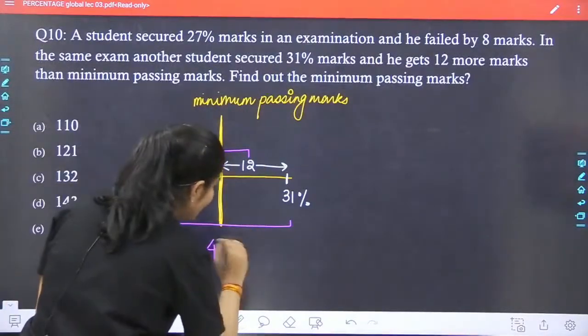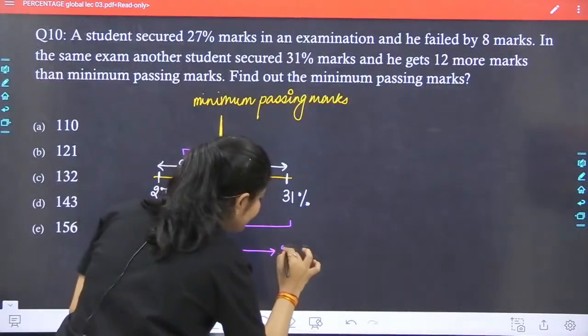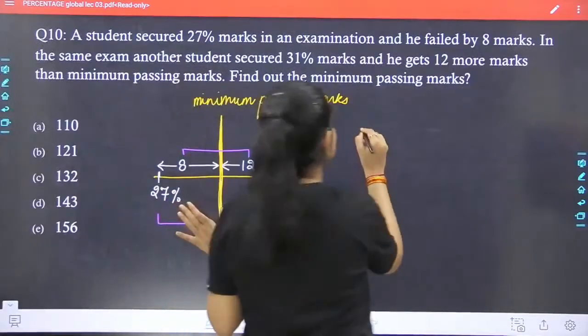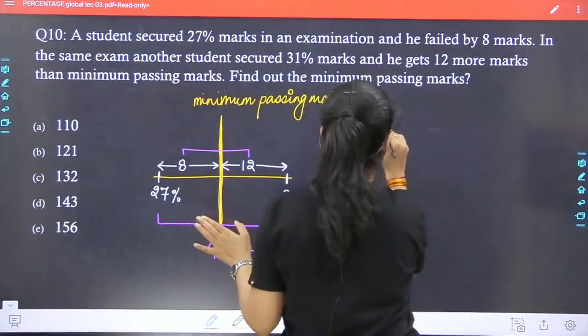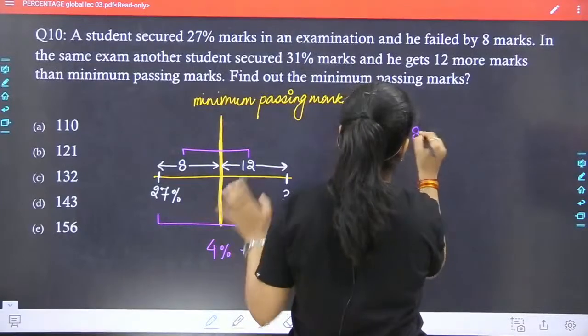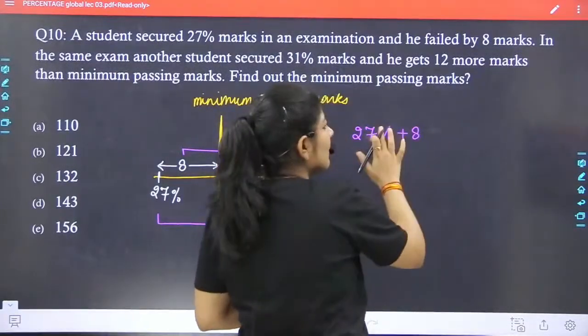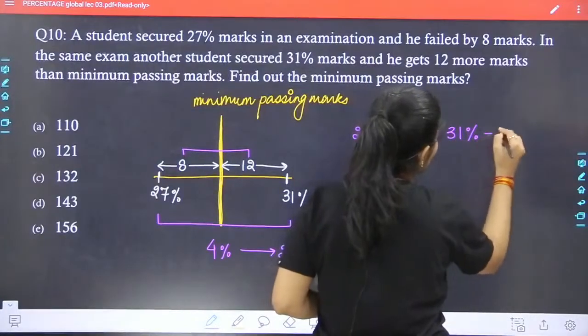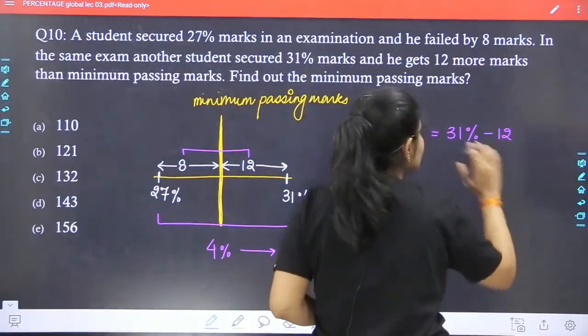That means the value of 4% is nothing but 20 marks. I can write it as 27% plus 8, this will become the minimum passing marks, and 31% minus 12 marks, this will also be the minimum passing marks.